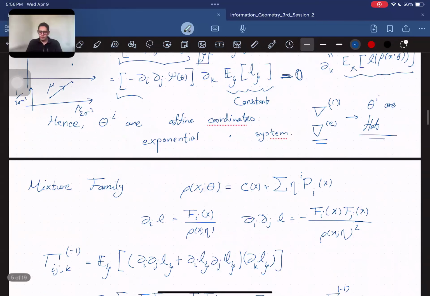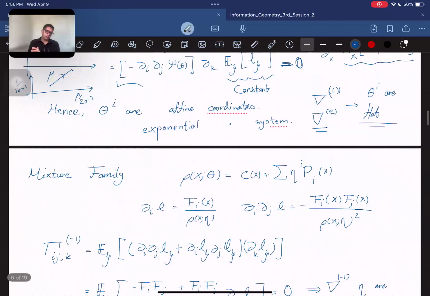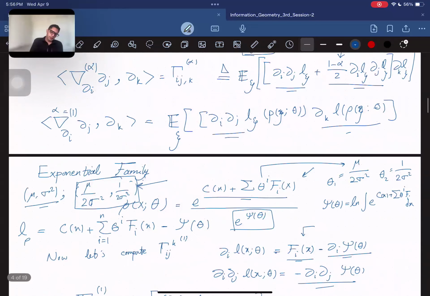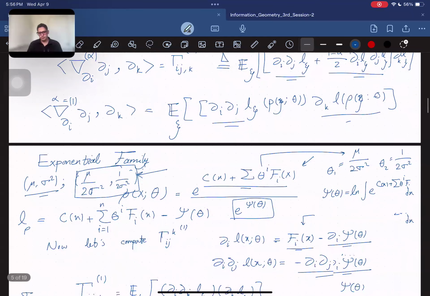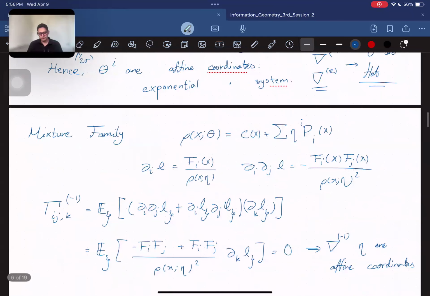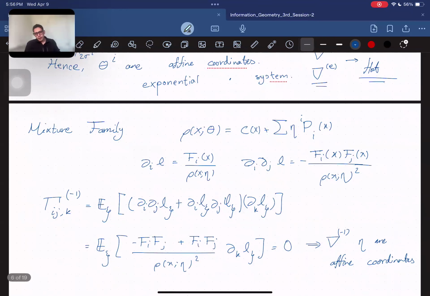Now, let me compute. So this is one extreme. We computed the connection of alpha equals 1. And now we can compute the connection of alpha equals -1. So first, your distribution. Consider this mixture family distribution. This is interesting. Why?